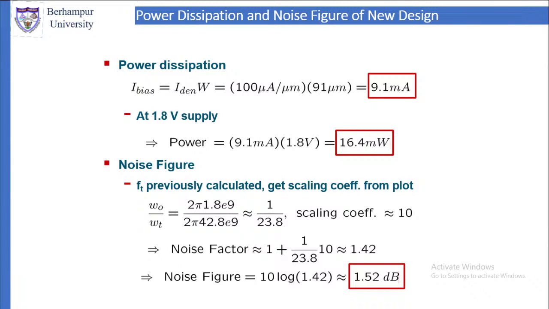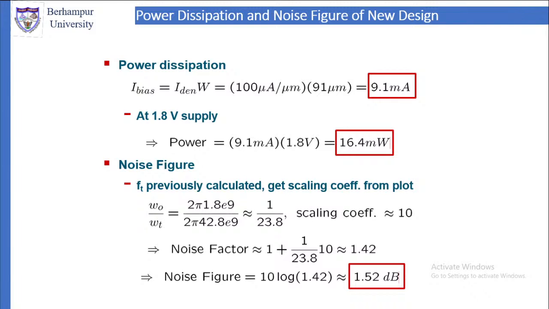Now noise figure, FT we have previously calculated. Look at the plot we have seen and get the scaling coefficient for the FT. Omega 0 by omega t will be equal to 2 pi into 1.8 into 10 to the power 9 divided by omega t, which is 2 pi into 42.8 into 10 to the power 9.